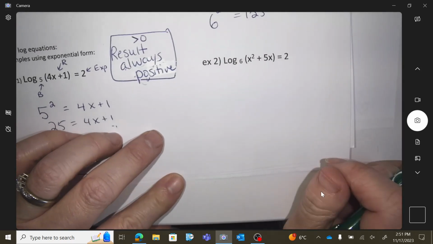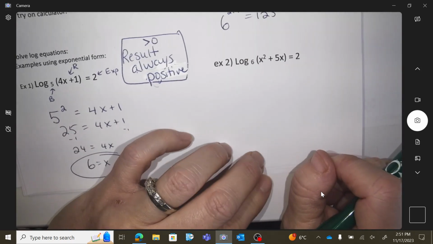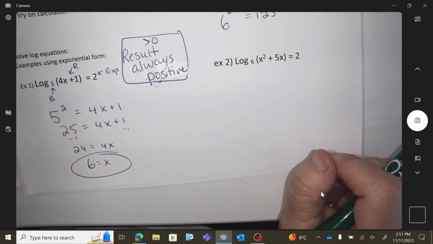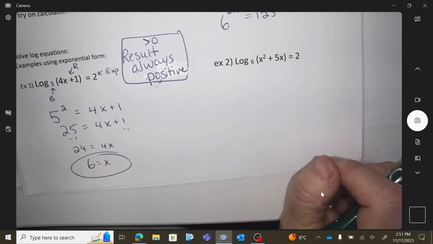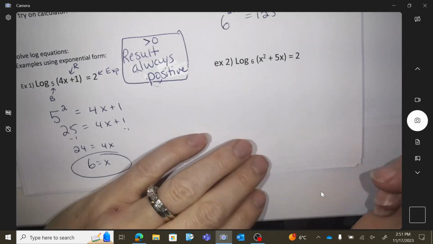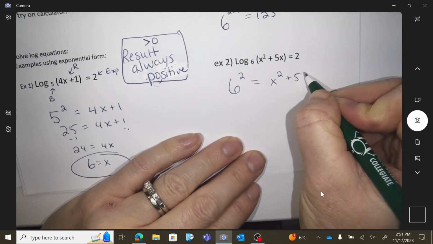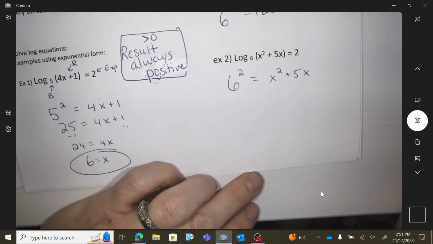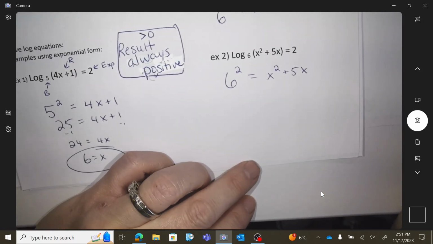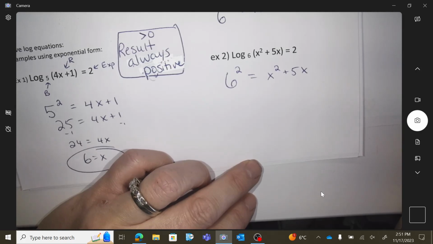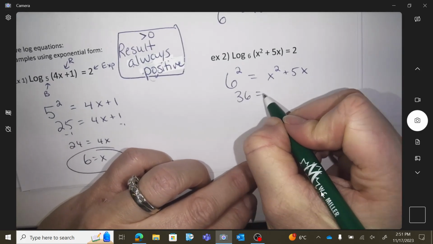Give me a rearrangement. Base to an exponent equals a result. Give me some algebra stuff here.